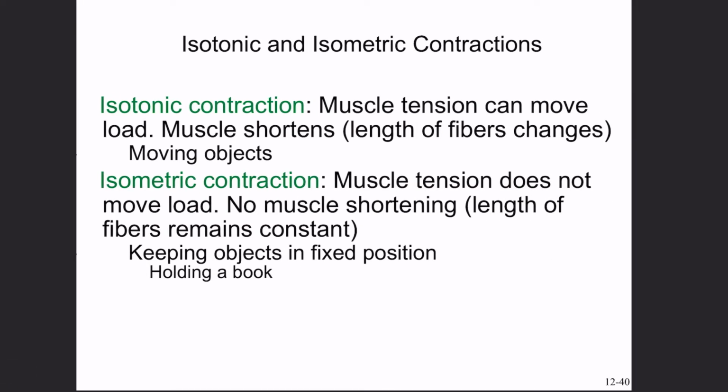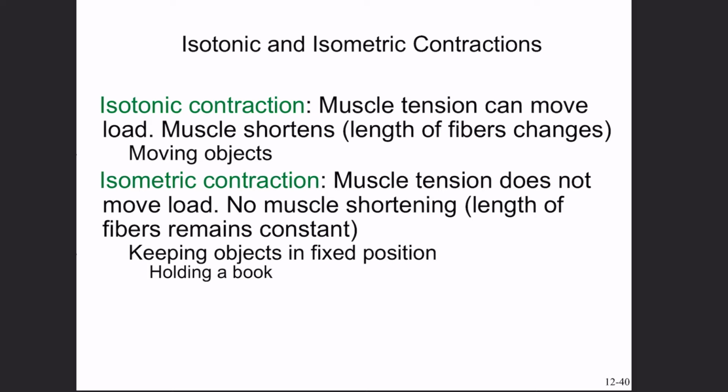There are two different types of contractions that we'll talk about: isotonic and isometric contractions. Usually when we think about muscle contraction, we're thinking about isotonic contraction. And that is when our muscle tension moves a load, or your biceps brachii is going to flex and you move your arm. There's a different type of contraction called isometric contraction, and that's when there is no muscle shortening.